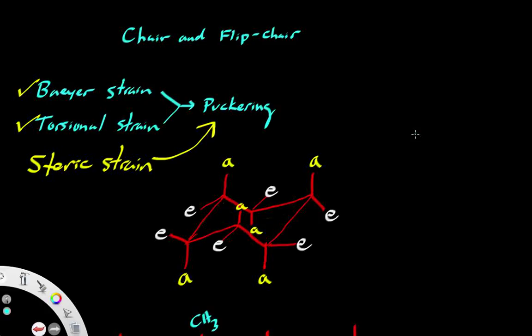And it's all going to be in reference to the cyclohexane ring, unlike in the other videos where we mentioned cyclopropane, cyclobutane, and cyclopentane. So with this chair conformation, we have one of two angles that we will be looking at. One of them being axial, and axial just means that we have a bond that's pointing straight up and straight down.